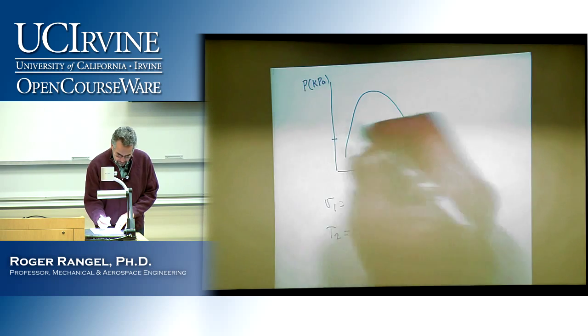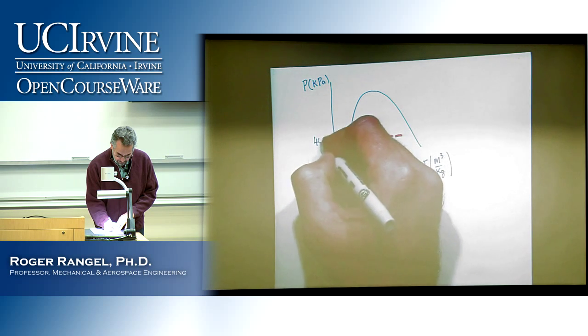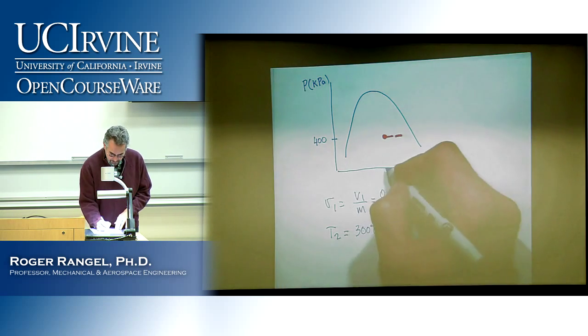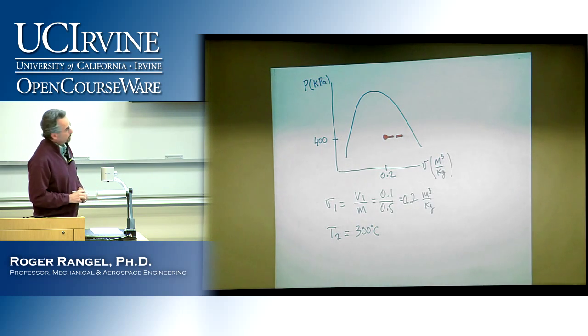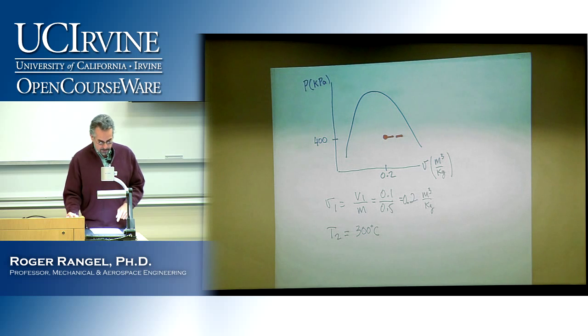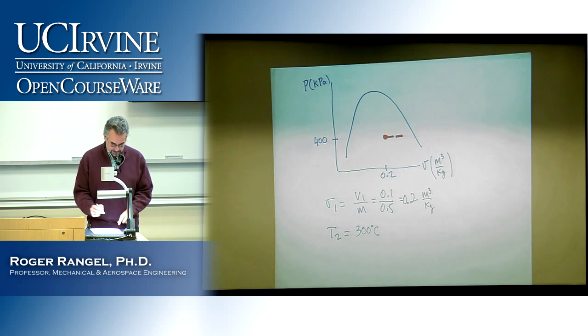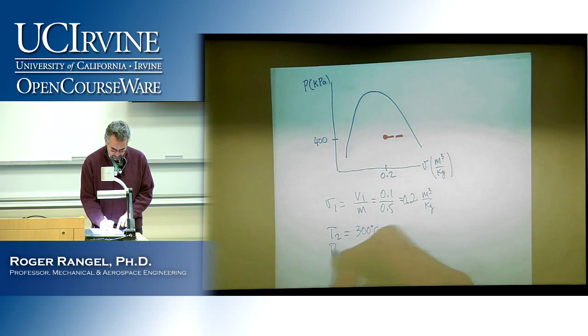This was the initial pressure, which was 400. And this was the initial specific volume, which was 0.2. So I can put all of that in there. But of course, I also know the final pressure. What is the final pressure? It's the same as P1, so it is 400.